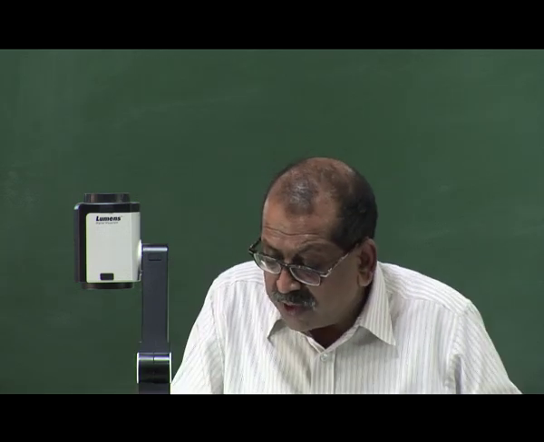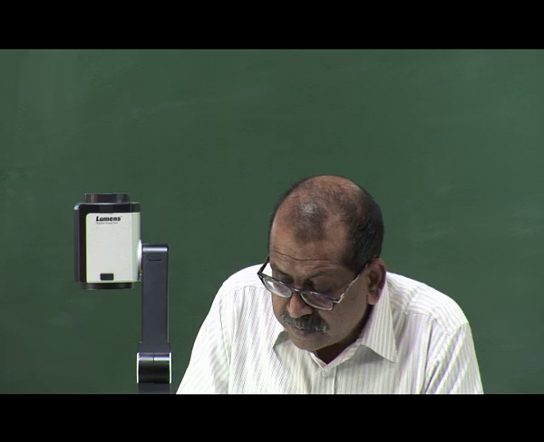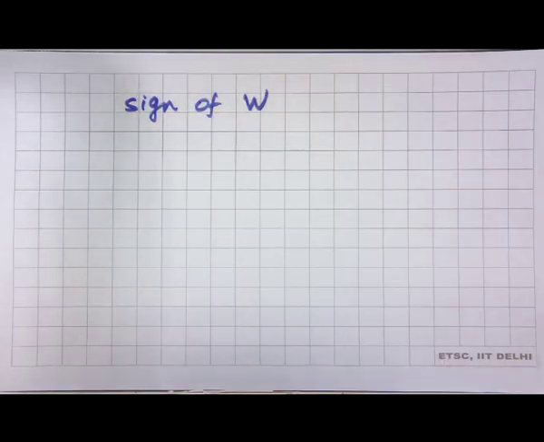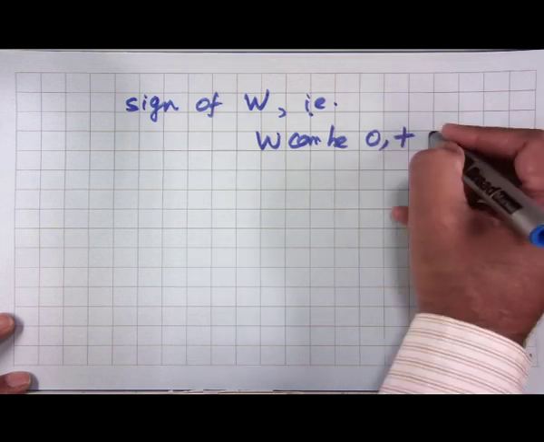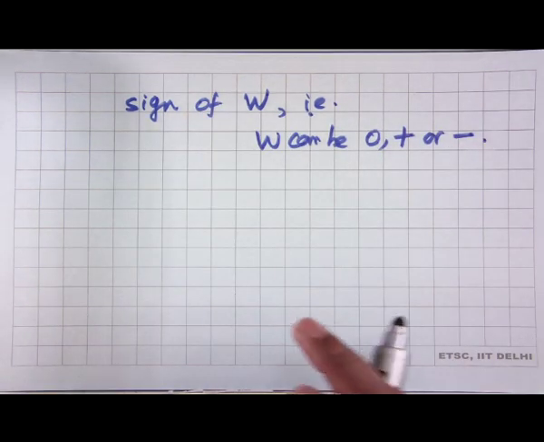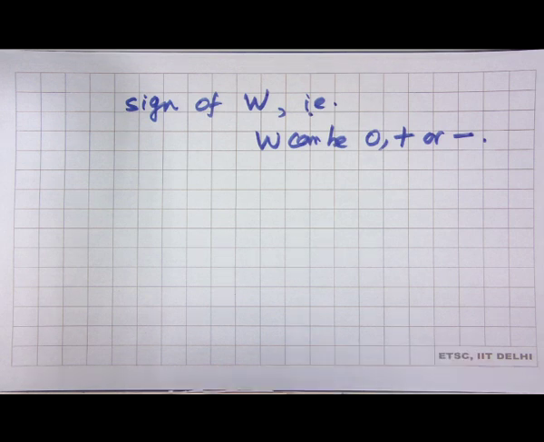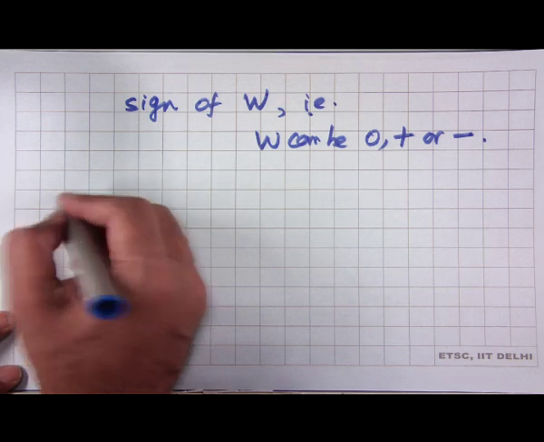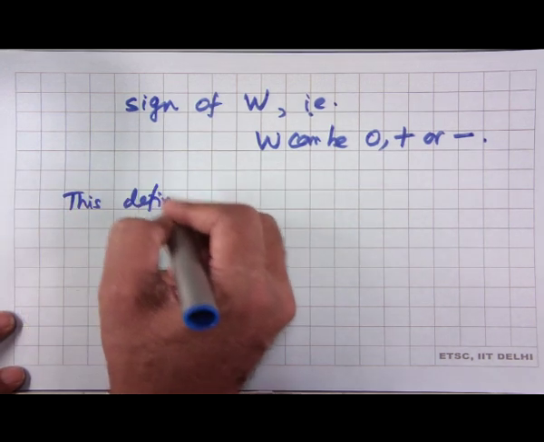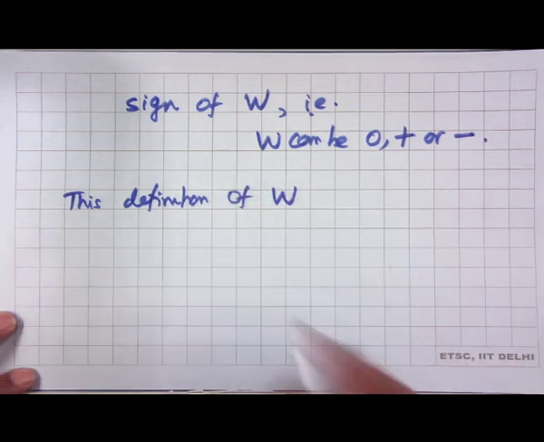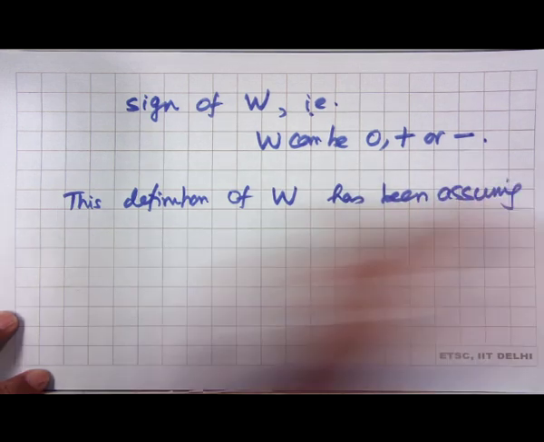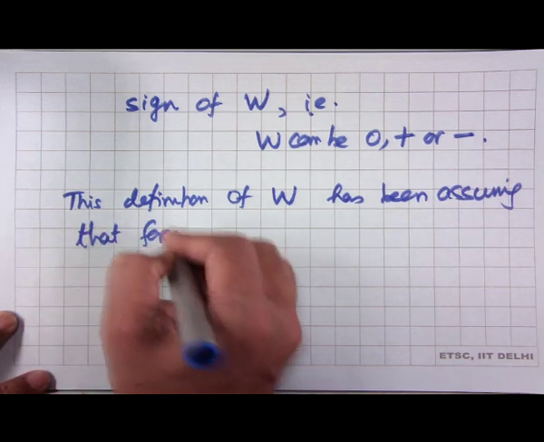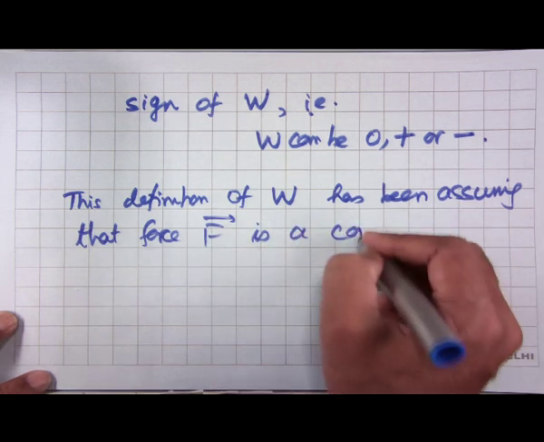And what we realize is when you do this, there will be a sign of W. That means W can be 0, positive or negative. W can have a negative sign depending on the force which is doing work on the cable. Now, this definition of work done we have done has been for assuming that force F is a constant.